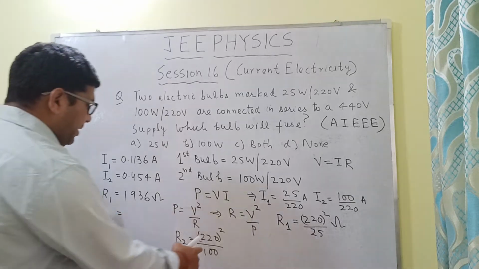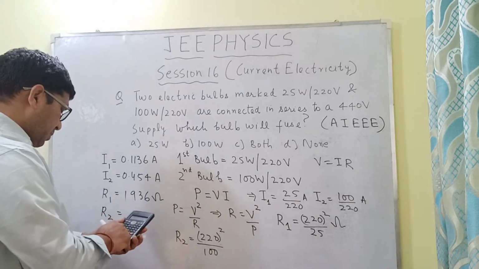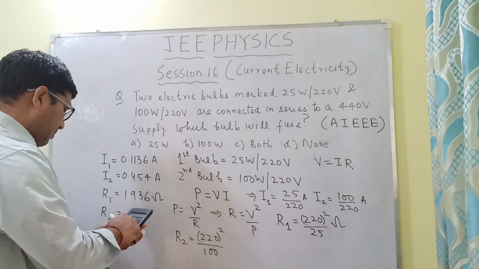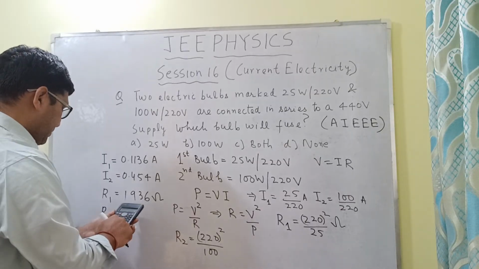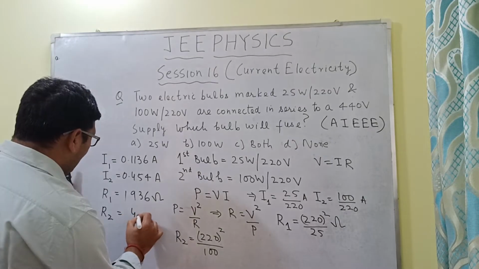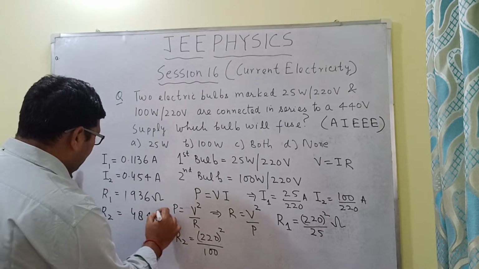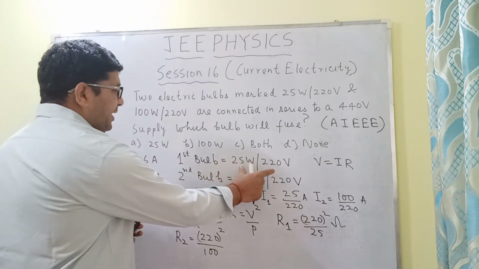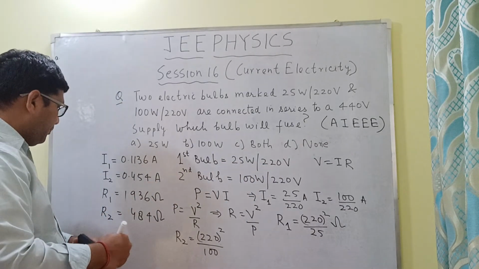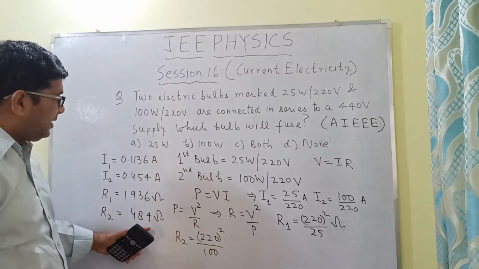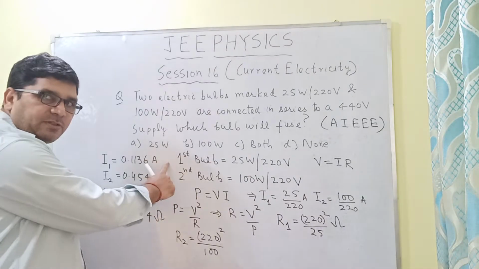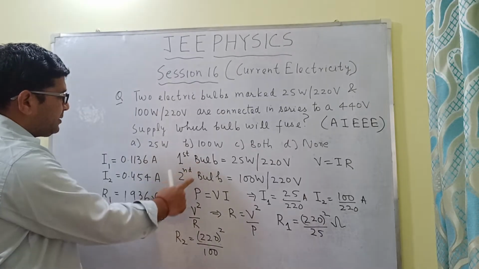The resistance of the second bulb क्या होगा? This will be equal to 220 into 220 divided by 100, which is equal to 484 ohms. So with this reading, I have calculated the resistance of the first bulb and the second bulb, and the maximum current rating of the first bulb and the second bulb.